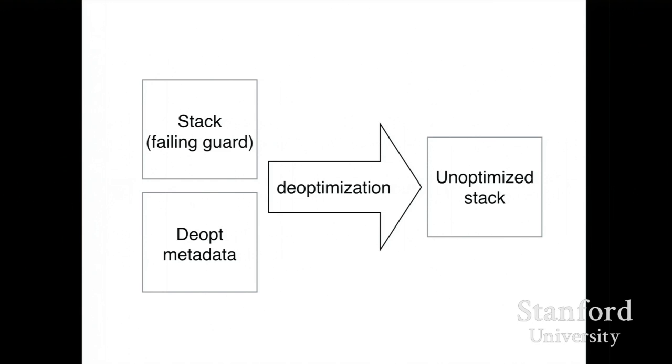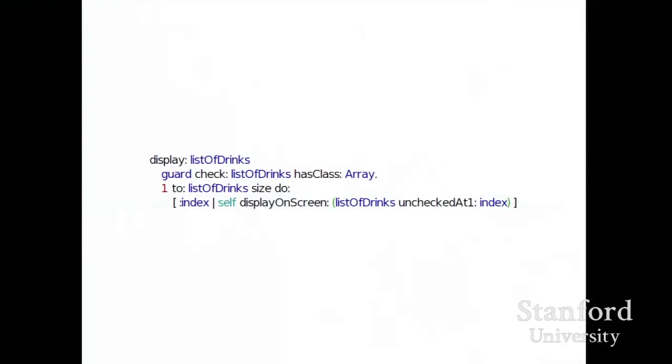With the optimization metadata, it's able to recreate multiple stack frames from one stack frame, and it's also able to reconstruct objects, like for example, recreating a block closure. If you look at the original example, if we were to get some pause halfway through, there's a closure that the optimizing compiler completely eliminated.